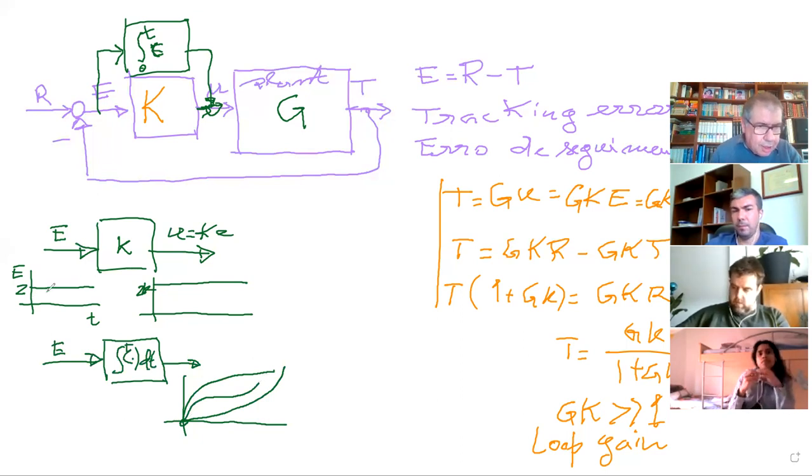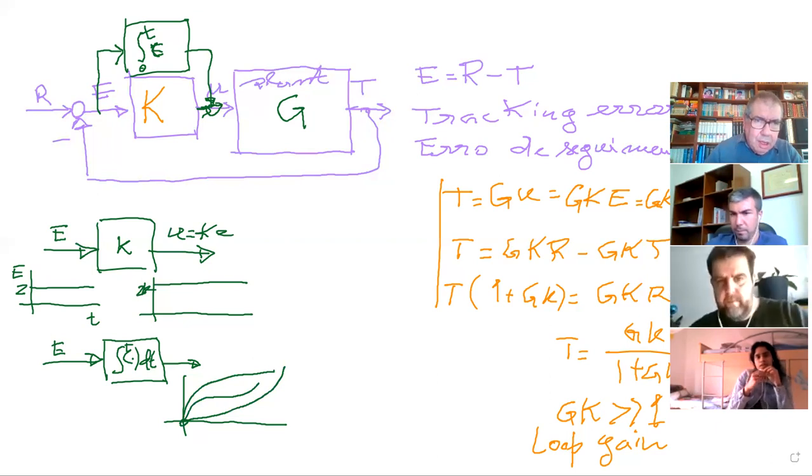E is constant. What is the meaning of the integral? It's the area under the curve. So if you are at time t, the integral is this area. So when t grows, it's the area of a rectangle that grows with t.